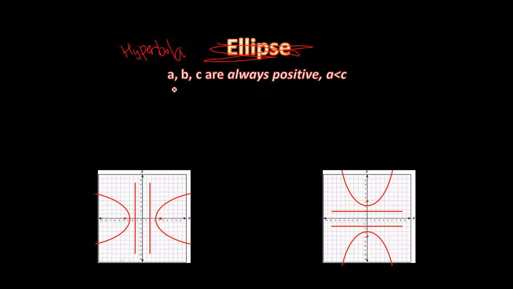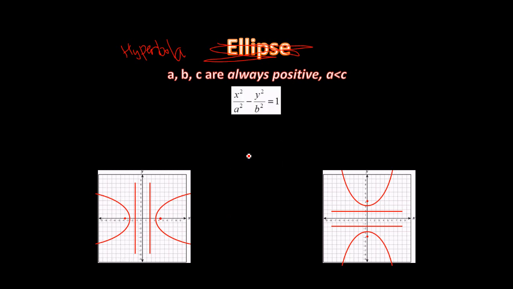Anyway, since a, b, c are just measurements of distances, they are always positive. Here a doesn't necessarily have to be greater than b, but we know that a is always less than c. That is to say, the distance between the center and the vertex is always less than the distance between the center and the foci, which is pretty obvious because the focus is on one side of the curve, and the vertex is on the curve.